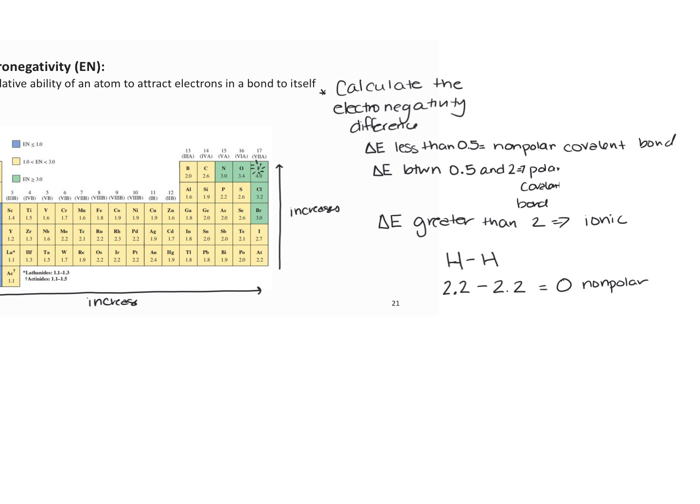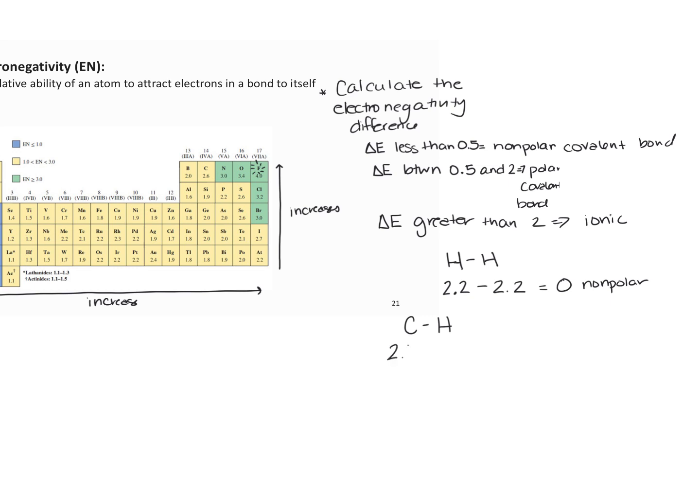Then you can see things like carbon and hydrogen. These values are different. Carbon is 2.6 and hydrogen is 2.2. When you're calculating the difference between them, always put the bigger number first.